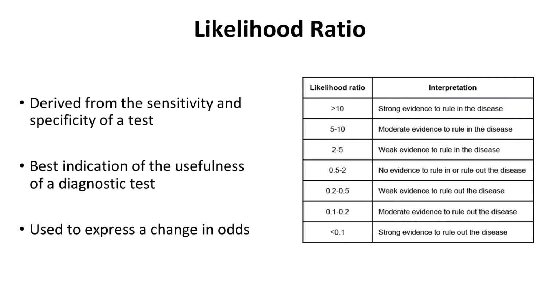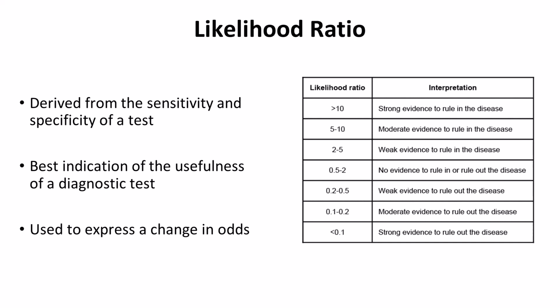Another way you can use sensitivity and specificity of a test, and this is something we won't calculate, but I do know that Dr. Grandio is very big on likelihood ratios, so this is something you will have to understand in orthopedics next year. You can use sensitivity and specificity to calculate this, and it talks about your odds of actually having the problem.